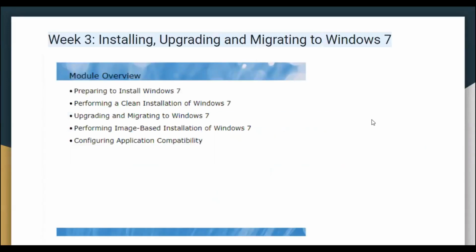Right now, our topic is about installing, upgrading, and migrating to Windows 7. The module overview: preparing to install Windows 7, performing a clean installation of Windows 7, upgrading and migrating to Windows 7, performing image-based installation of Windows 7, and configuring application compatibility.